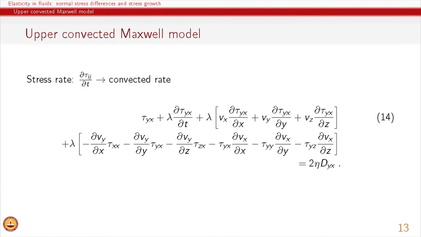Now, the spatial derivatives will be 0 in many simple shear situations. For example, Vx is non-zero, but it does not depend on x, and z of course we are dealing with only 2 dimensional situations, so the z derivative is not involved, and Vy itself is also 0. Therefore, these terms will rarely contribute in rheometric flow situations.